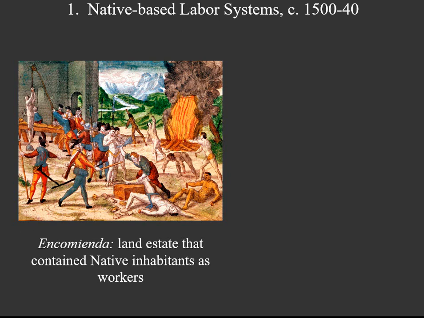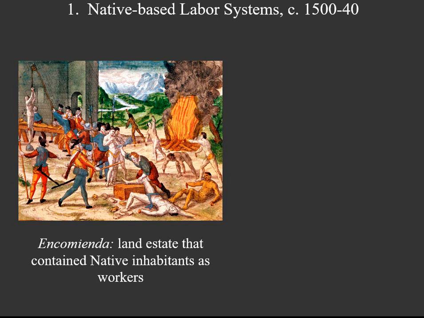So in the colony of New Spain, what is today largely Mexico, by the year 1535, so just a couple decades into this system, the average encomienda had 6,000 workers on it, so many times over the 300 worker maximum that the government officially set.